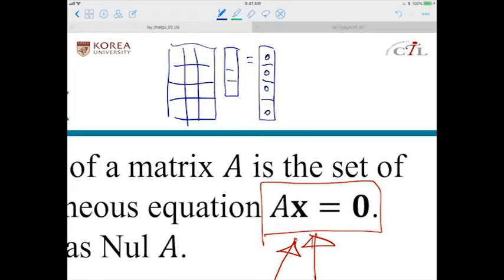So in this case, we basically collect all the possible solutions of AX equals 0. So that is called a null space.